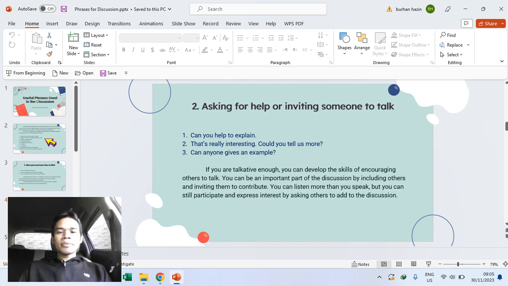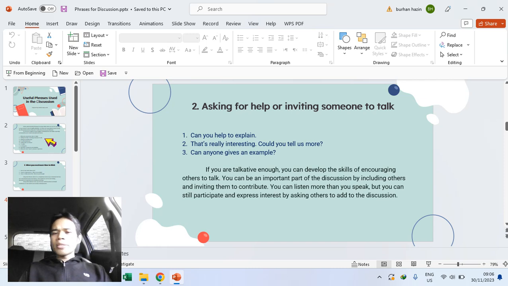Next one, we're gonna discuss some phrases you can use when you ask for help or invite someone to talk. You can say, "Can you help me to explain?" "That's really interesting. Could you tell us more?" "Can anyone give an example?" And so on. So those are the phrases you can use when you ask for help or invite someone to talk.